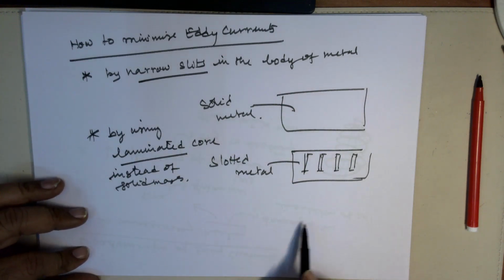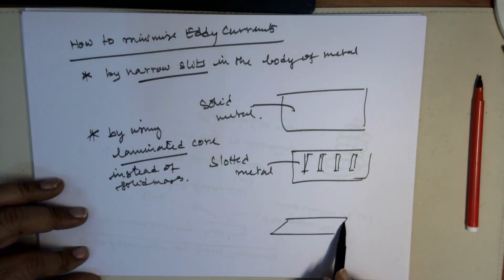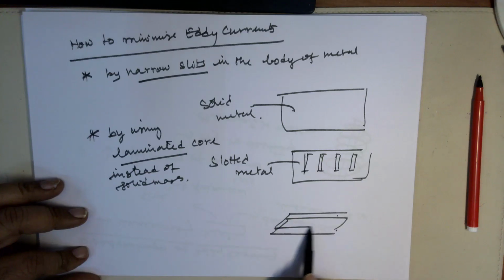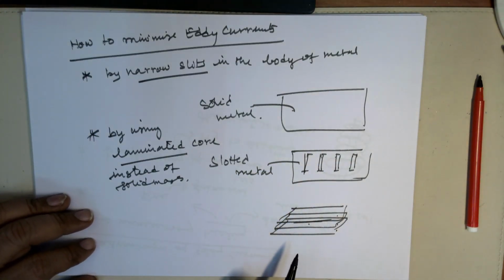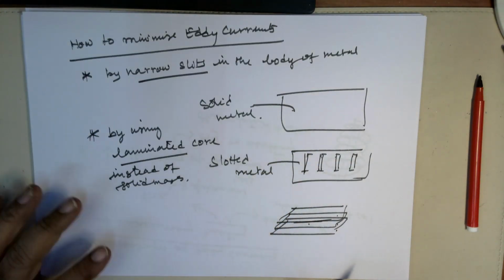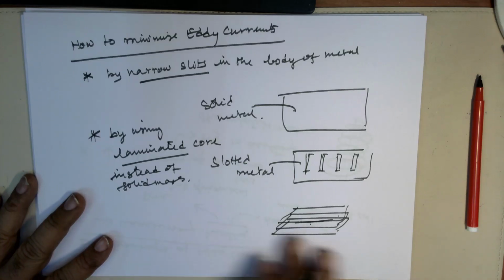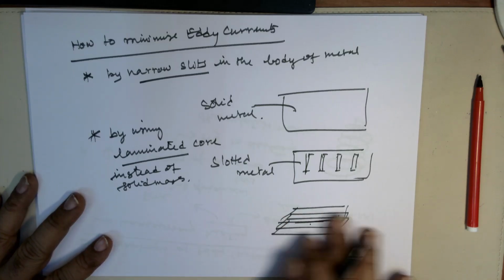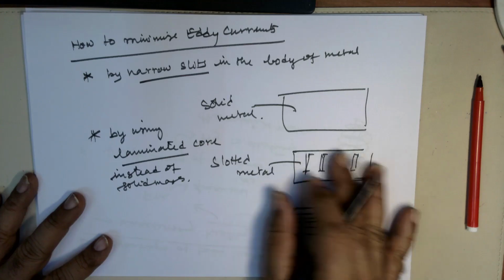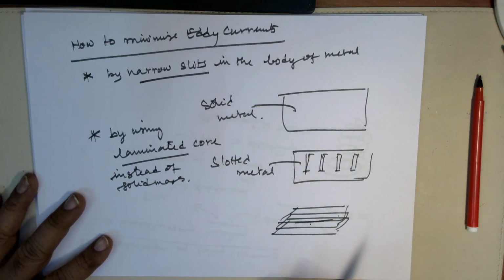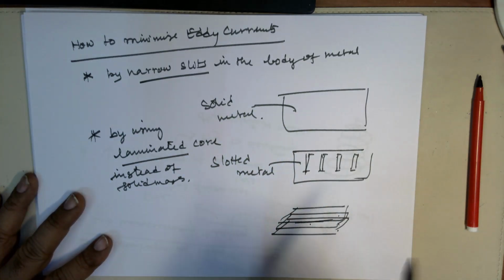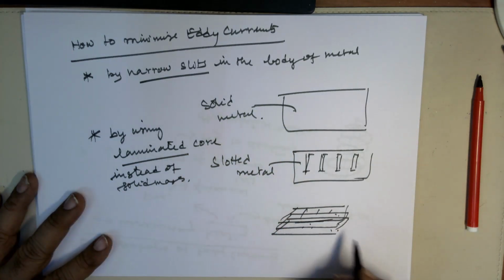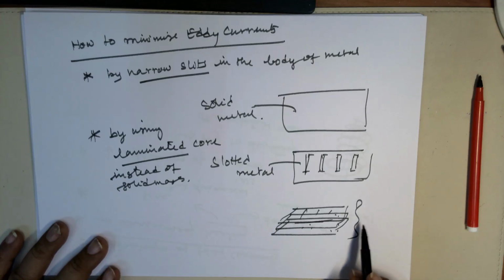For example, that is why you could have seen in a transformer this kind of stacks of sheet metals, like blades stacked one over the above. So instead of keeping one solid metal, you can have small plates, sheets of metal, one over the above, like placing razor blades one above the other. And it will be having slots also very effectively.